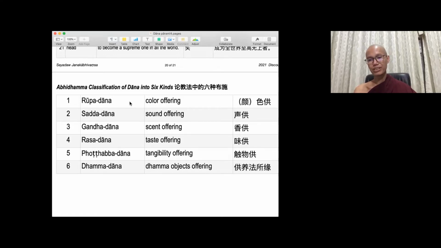Even in those times, to get shining until 80 cubits. This is 1 cubit, from here to there is 1 cubit. To get it shining until 80 cubits, the Bodhisattva donated light, because he wants to be Buddha.